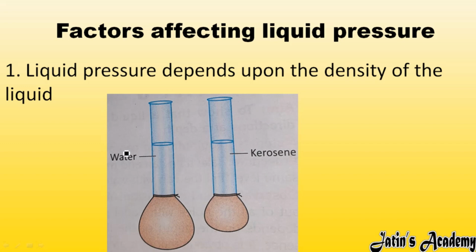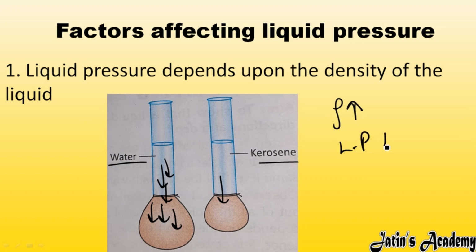Water has more density than kerosene, so its particles give more pressure, and by applying more pressure, this balloon will blow up more. But kerosene has less density, so it gives less pressure to the balloon, and the balloon blows up less. So the more the density, the more the liquid pressure, and the less the density, the less the liquid pressure.